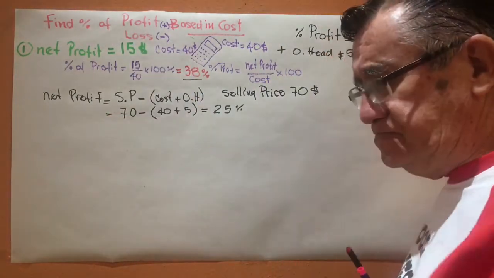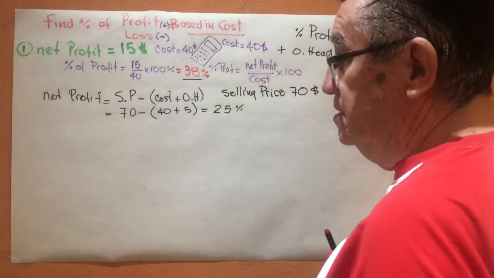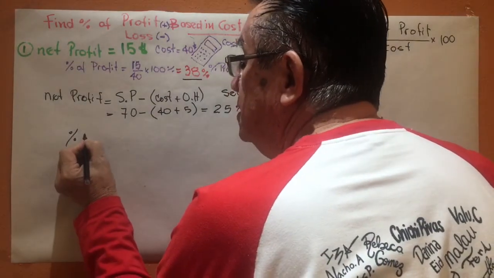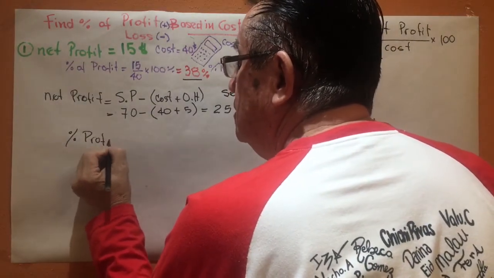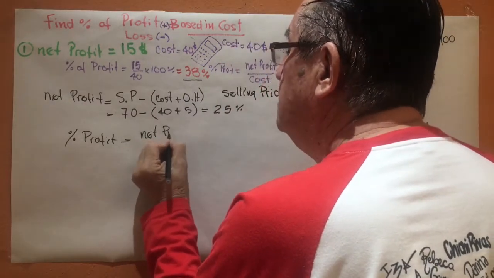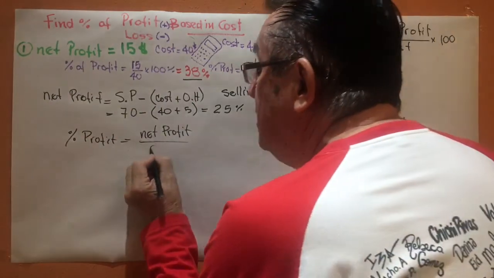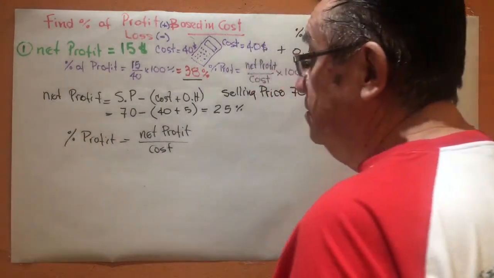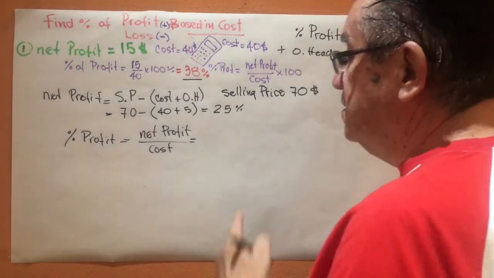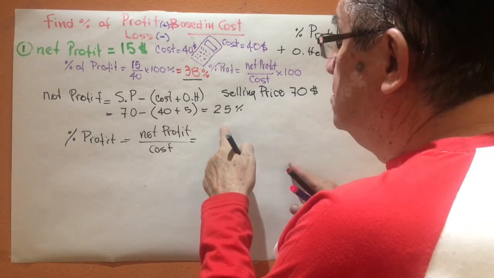Okay? Well, I want to know how much my percentage of profit is. My percentage of profit is my net profit divided by my cost, not by my selling price, by my cost. That means that I have to substitute the values.